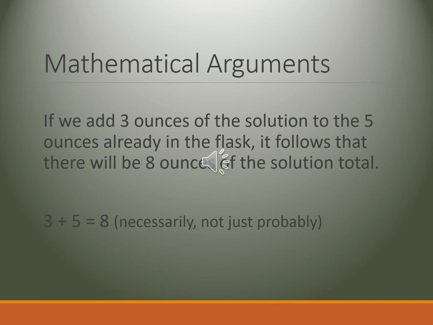Various forms of mathematics, arithmetic, geometry, algebra, basically are collections of deductive reasoning. And it's fairly easy to see with a few examples why mathematical arguments are deductive. If you think of an equation as kind of a deductive argument, it's easy to see that if you have 3 ounces of a solution and you add that to 5 ounces of solution in a flask, 3 plus 5 must be 8.